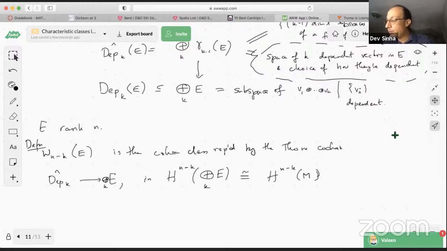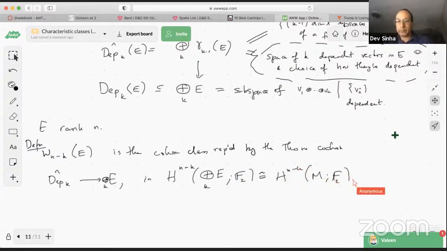Let me emphasize that for the moment, but you'll have to pardon me if I drop it later. So, right, and so the thing is, what we can do is this equivalence.